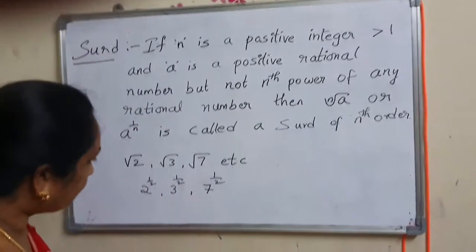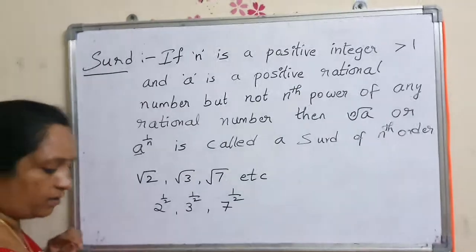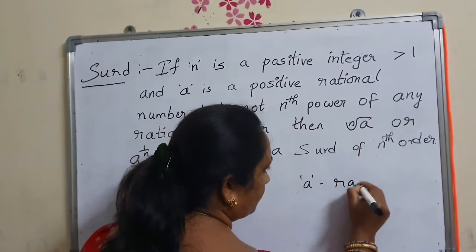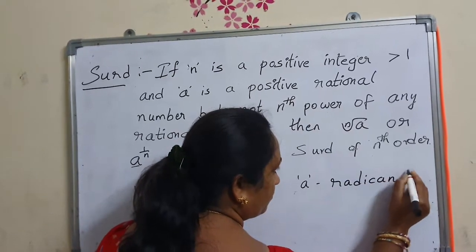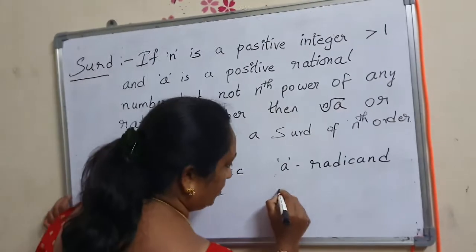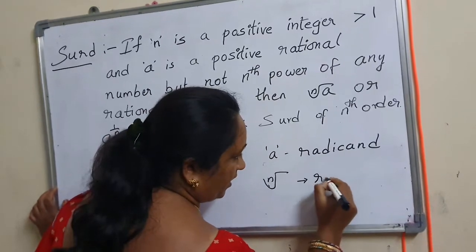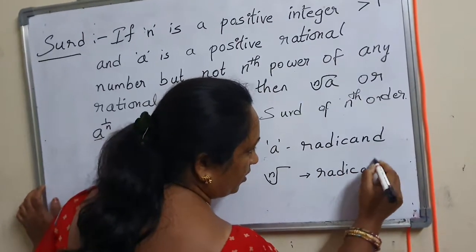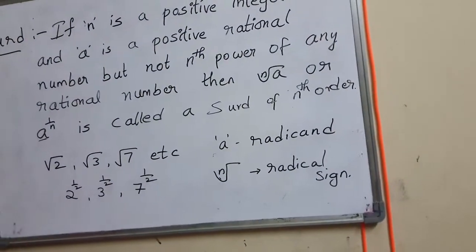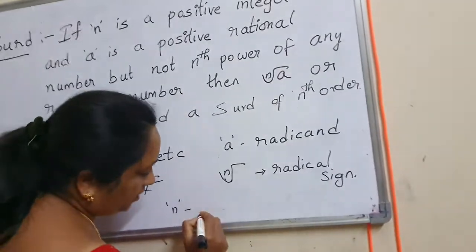Here a is called the radicand. The nth root symbol is nothing but the radical sign, and n is called the degree of the radical.